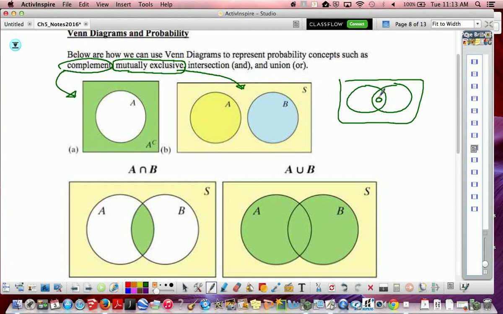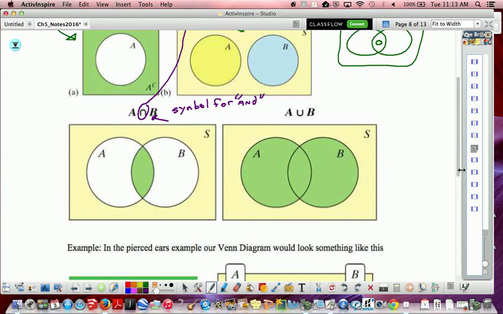The third diagram shows what intersection, the word "and," means. This is the symbol for the word "and." It's an upside down U. What it represents is what A and B have in common. It's what they share, and only what they share.